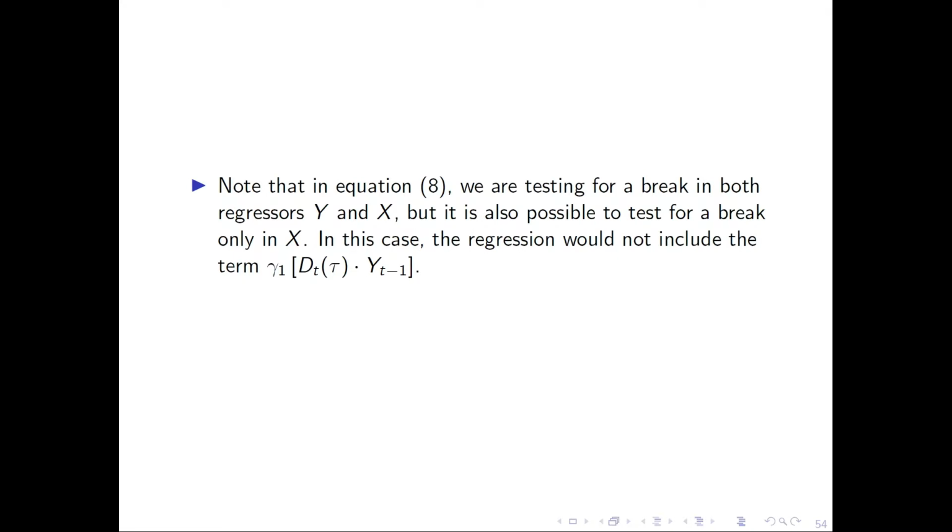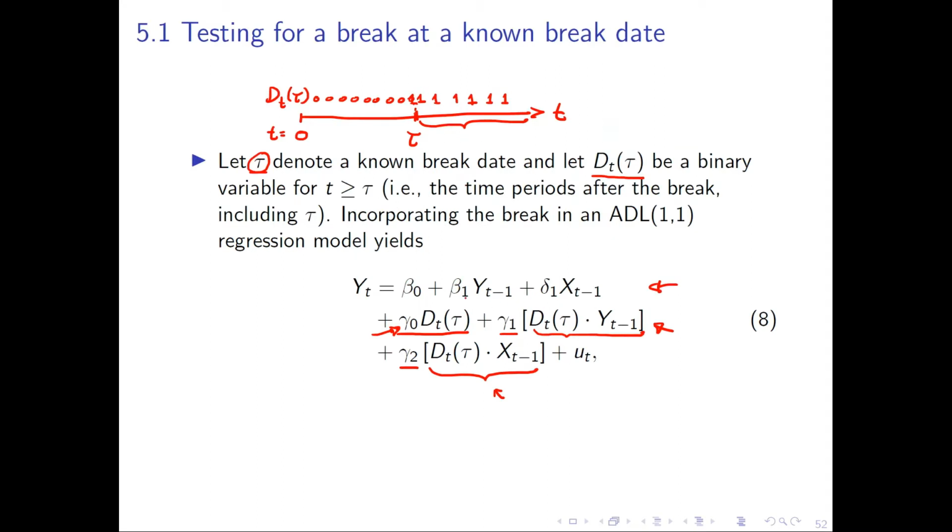It's important to note that in our ADL(1,1) model, we are testing for a break in both regressors, so in beta 1 and in delta 1, and in the intercept.